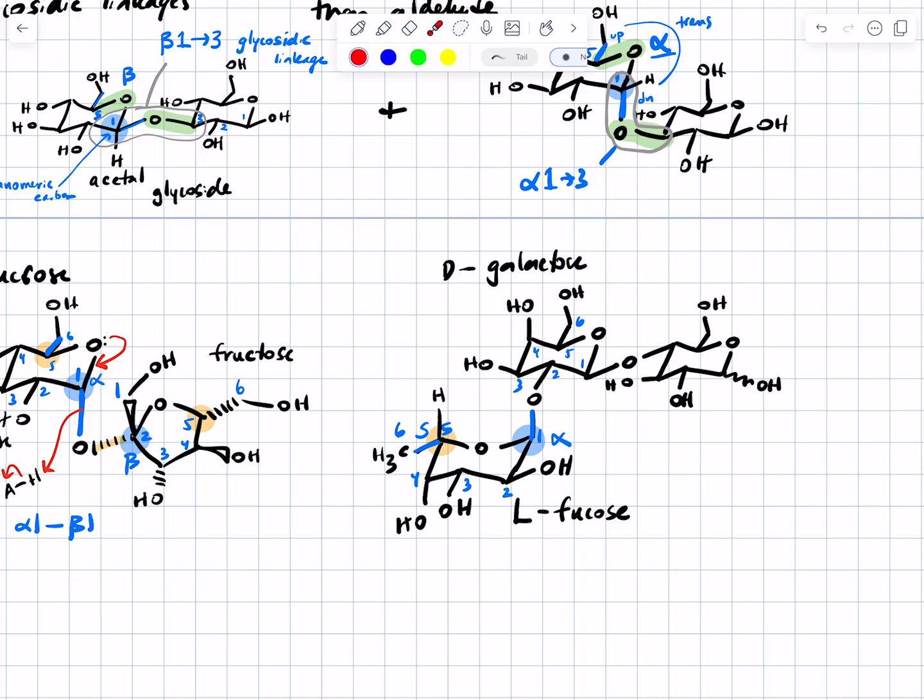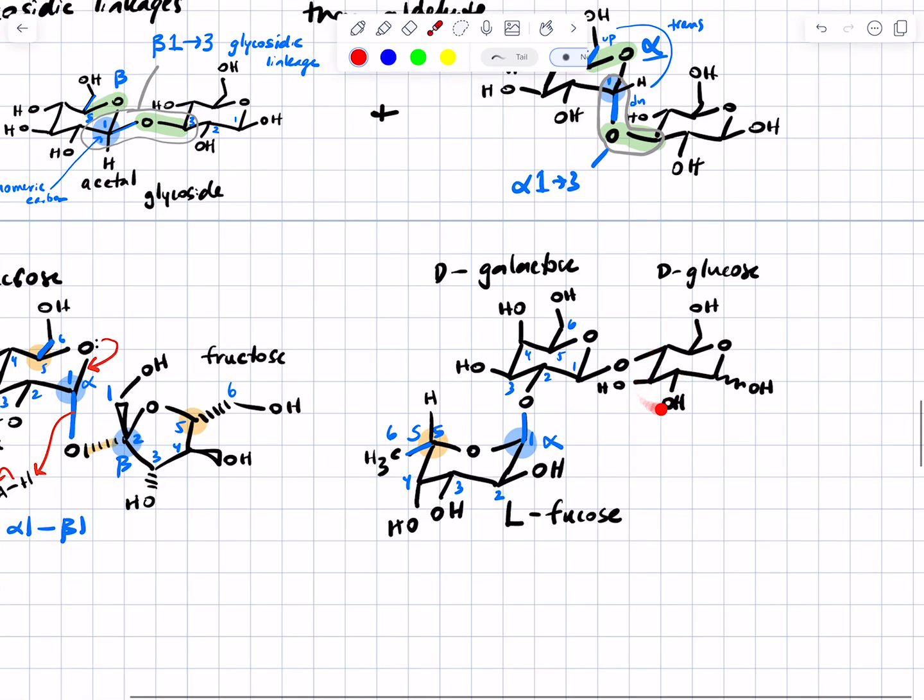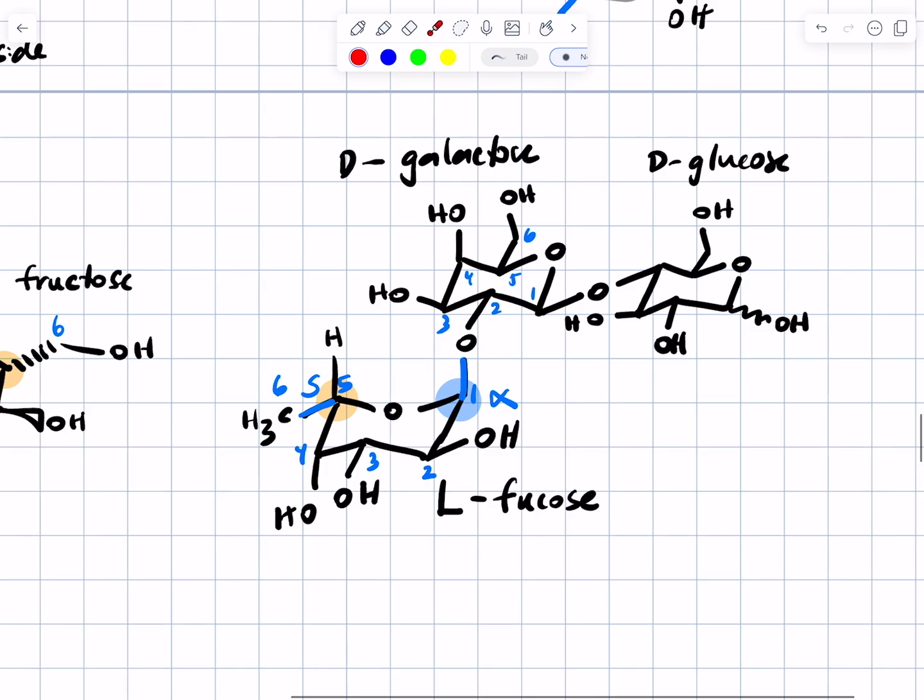And that makes this one here what? Right, how do you know it's not mannose? Because C2, C3, and C4 are all equatorial with a down, up, down relationship. Okay, notice that for this anomeric carbon on glucose, I've used a squiggly line.